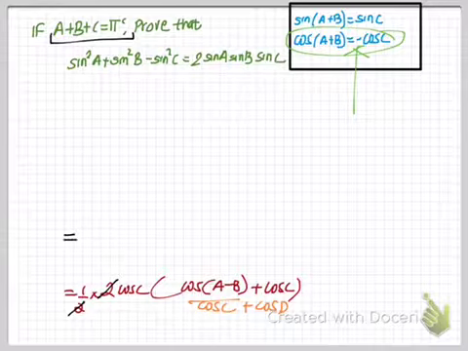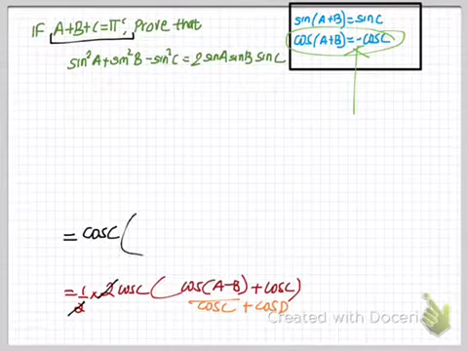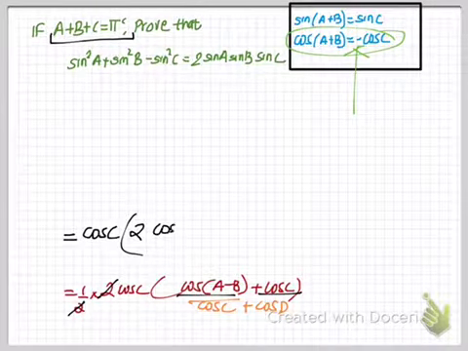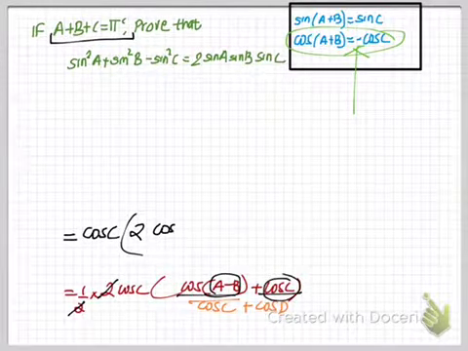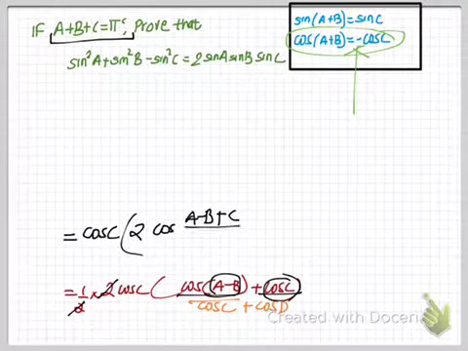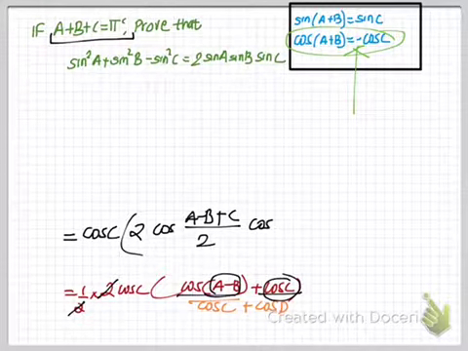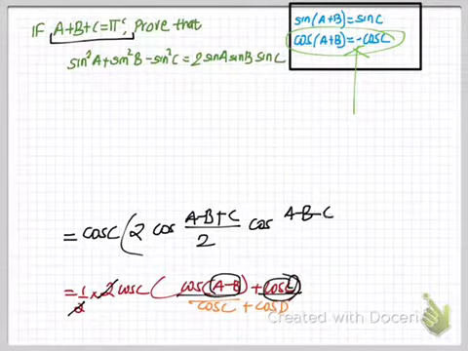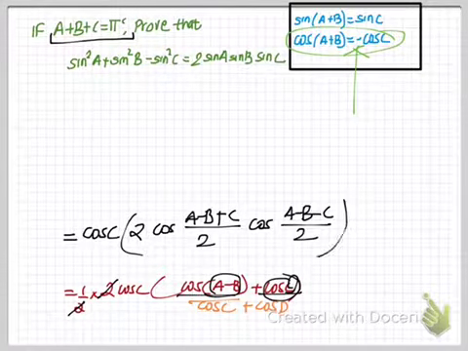Then I have cos c, and for this I have 2 cos c plus d by 2. c is a minus b, plus d is simply c, dot cos c is a minus b minus, and then I have c over here divided by 2.